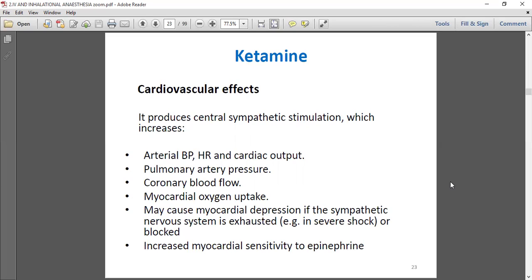The effects of epinephrine on the myocardium are contractility and release of renin via the beta-1 receptors. Remember you already have increased cardiac output, and if there is also increased sensitivity to epinephrine, you'll have increased contractility, so the heart rate will increase.